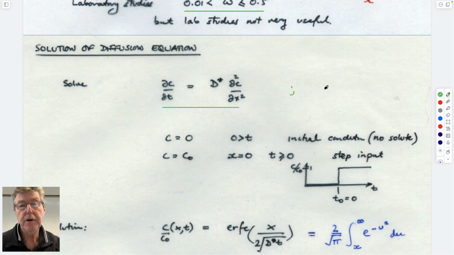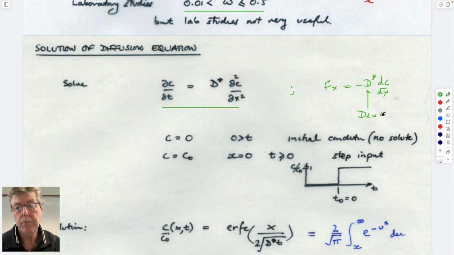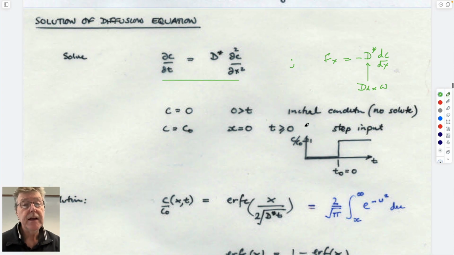Again, it is being driven by Fick's law. That's all we've done, which is the same as D_T times omega. And so that would allow us to deal with behavior in an aquifer.